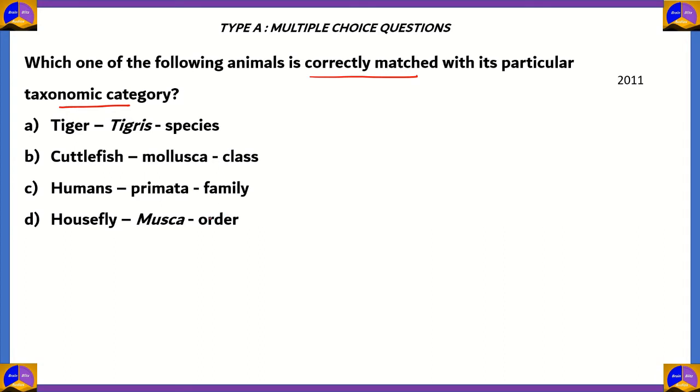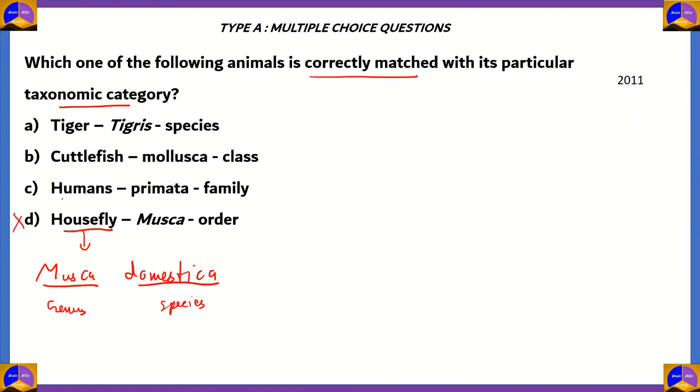So let's start off from option D. Housefly's scientific name is Musca domestica. And in binomial nomenclature, Musca is the genus and domestica is the species. But in this particular option, Musca is given as the order. So therefore, option D is incorrect.